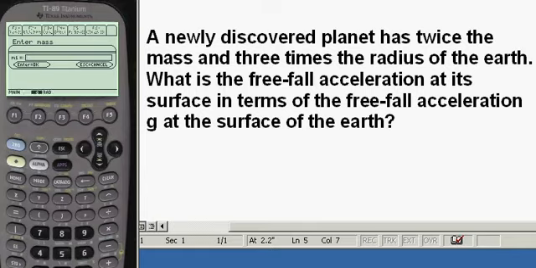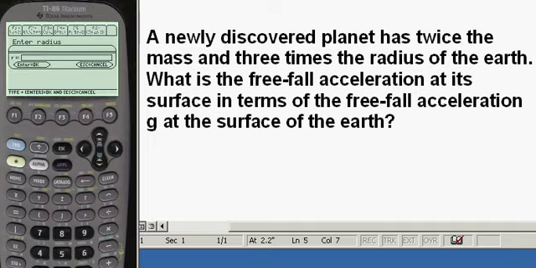So it's 2 times 5.97 times e to the 24 kilograms. Looks good to me, so we're always going to give the option to change it, of course. If you've seen my other videos, you know that's the way I operate.